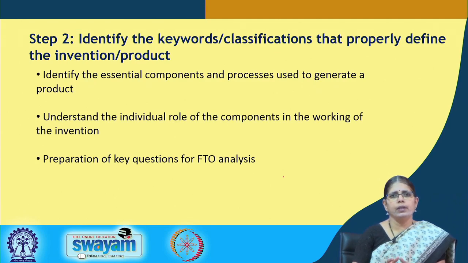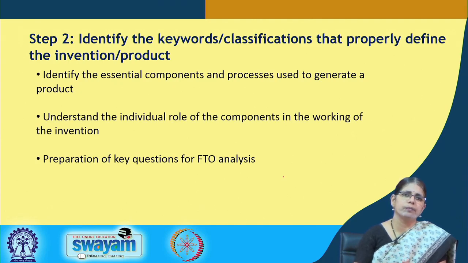After assembling these aspects, one actually poses several questions in relation to the FTO analysis. For instance, what are the key components of this product? That is one question to ask. What are the operable features of the particular product?